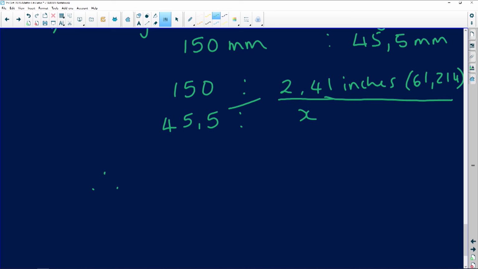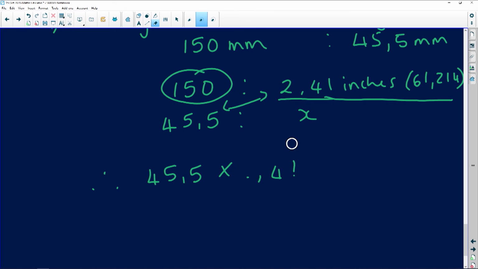Now I can multiply. I cross multiply these two and I divide with the one that I didn't use. So I cross multiply the two that exist with each other. I divide with the one facing the X. Let me call it that. So it's 45.5 times 2.41. But I can't use that 2.41 because I had to go and convert it to 61.214. Did you see what I did over there?